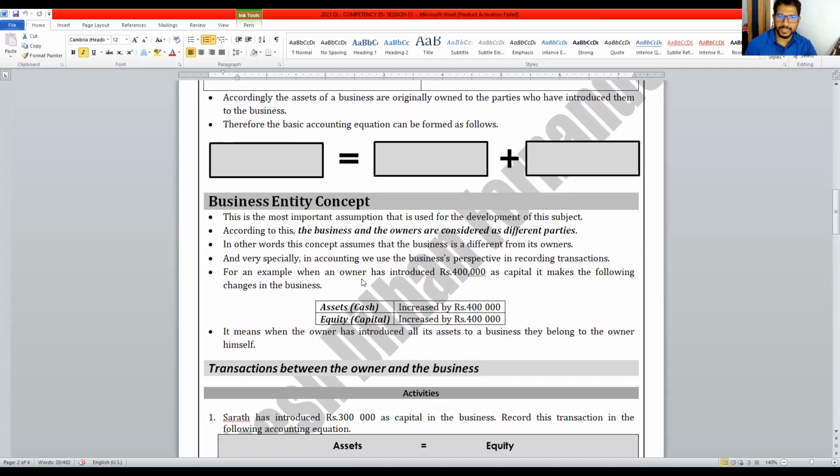Business entity concept. So let me explain the meaning of that concept with a small diagram, a small picture. Let's say, give me a minute. This is the owner of the business.